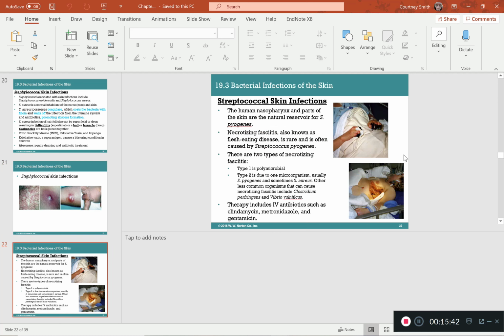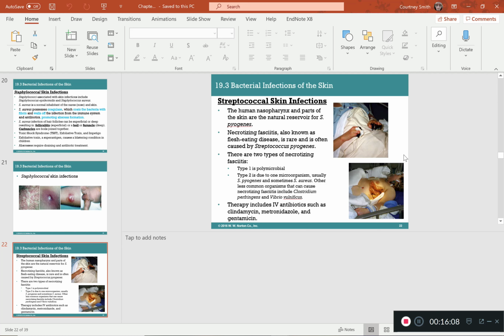Okie dokie. Now we have strep. Strep is a pretty nasty one. It's the one that actually causes necrosis as compared to staph. So that's one big difference between them: strep causes necrosis. Also, with strep, there are different presentations. It can cause two different types of necrosis.